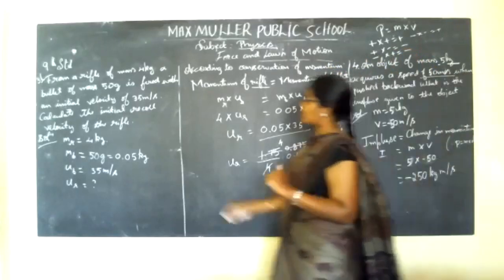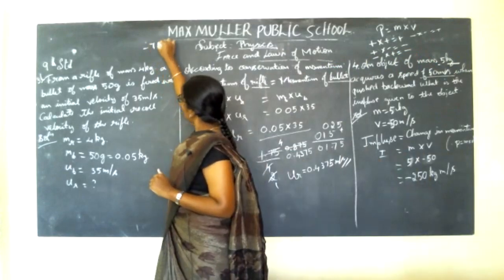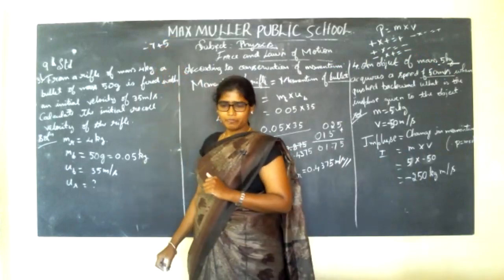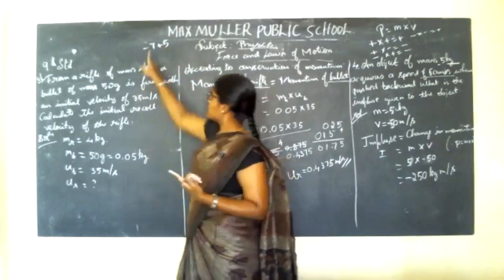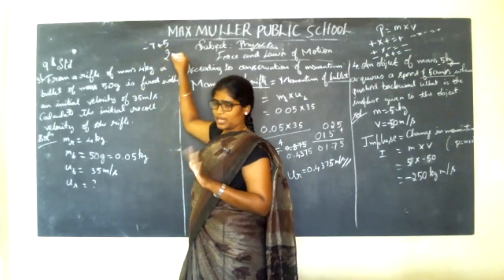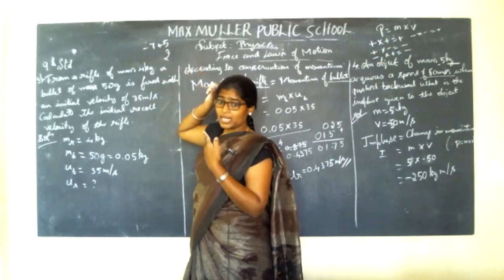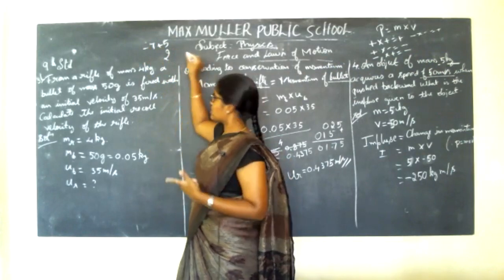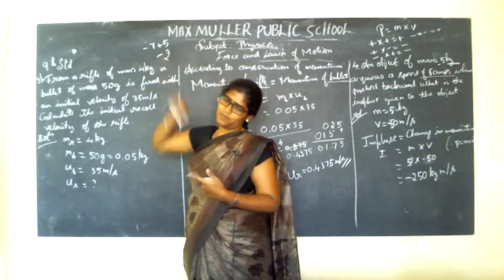See, when will you do subtraction? Minus 7 plus 5, how much is it? Different signs, one is minus, one is plus. You will write 2. Then see the greater number. 7 is the greater number, and 7 has negative, so it is minus 2.